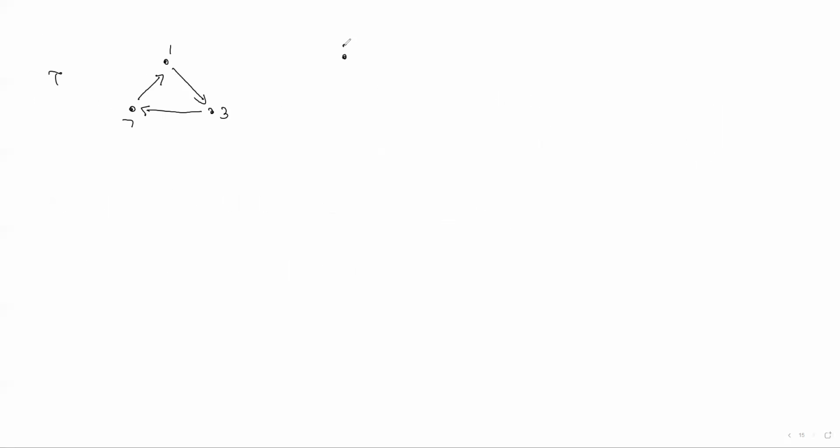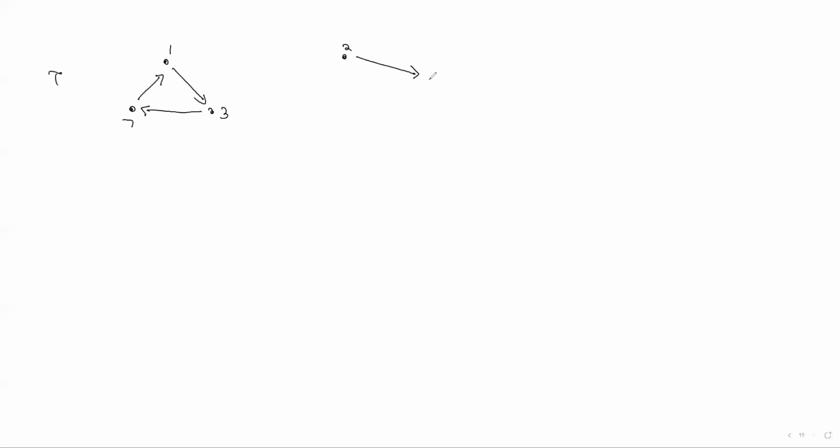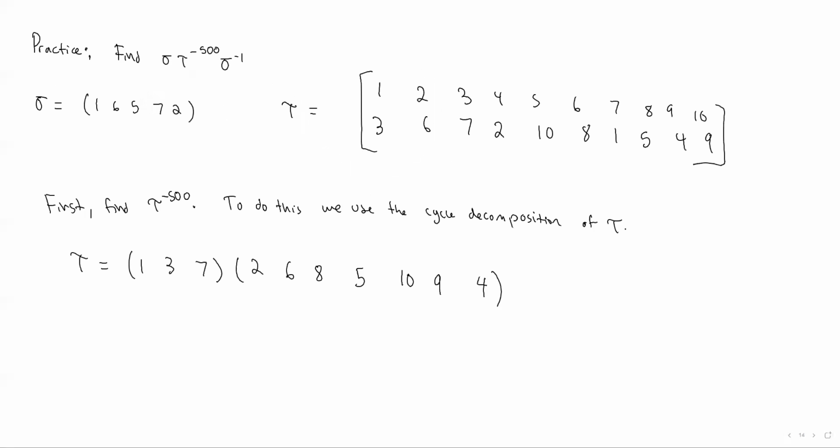And it also sends disjointly 2 to, what was it? 6, 8, 5, 10, 9, 4. So 6 to 8 to 5 to 10 to 9 to 4. Did I copy that down right? Yeah, 2, 6, 8, 5, 10, 9, 4.